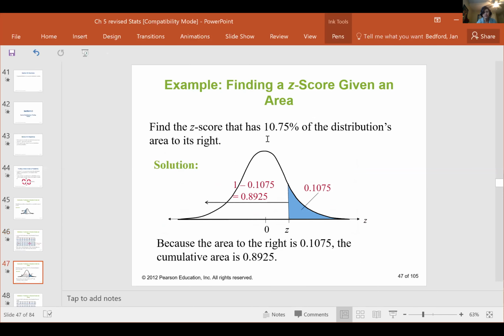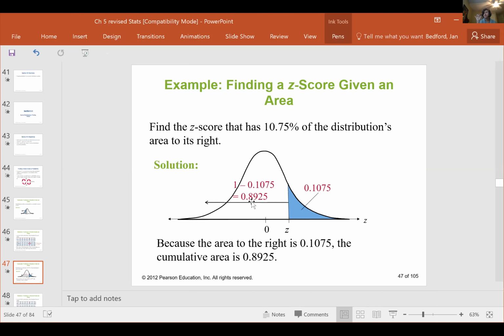Now, that's the squirrely part when you're using the table. Since you guys are talking about using the calculator, I think this is going to be even easier. I will mention that you have to keep in mind everything you see in the table is area to the left of that value. So if you've got a graph and the shaded region was to the right, before you go to the table to look up your Z value, you're going to need to subtract that from 1 so that you're looking for 0.8925.